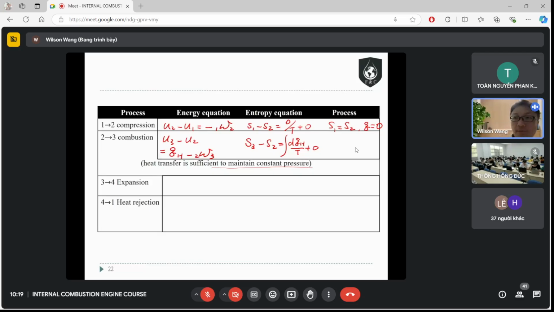And this is an isobaric process, which we call a constant pressure process.